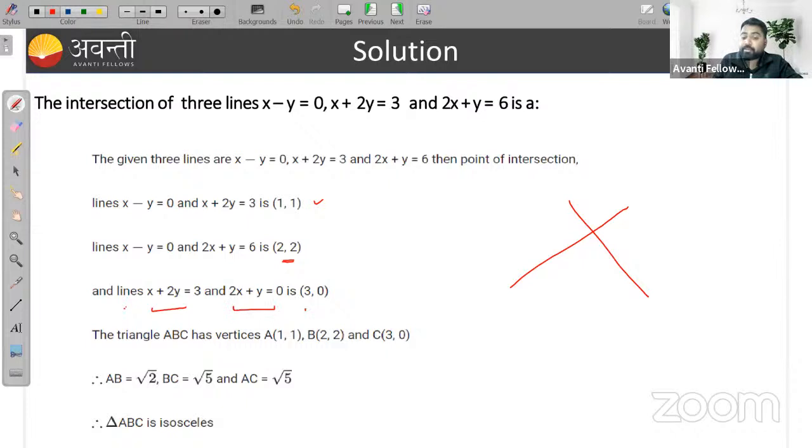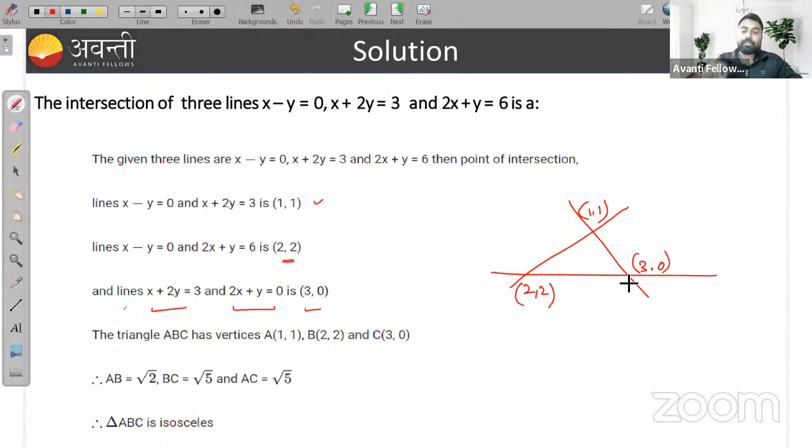What is the point of intersection by solving these two equations? That is (3, 0). By solving all these equations, I am getting 3 points of intersection. So if this point is (1, 1), another point is (2, 2), and the last point is (3, 0).